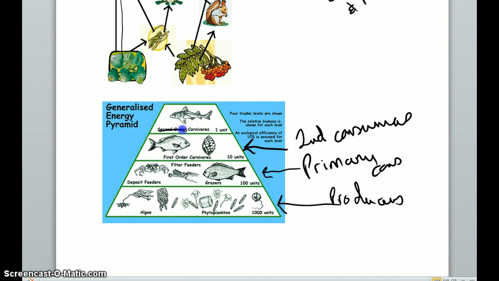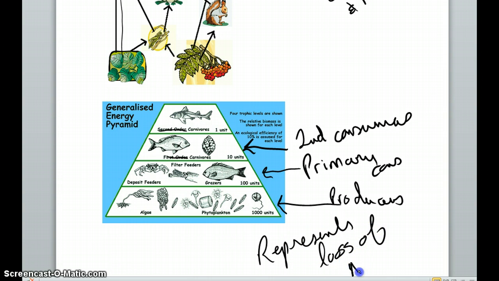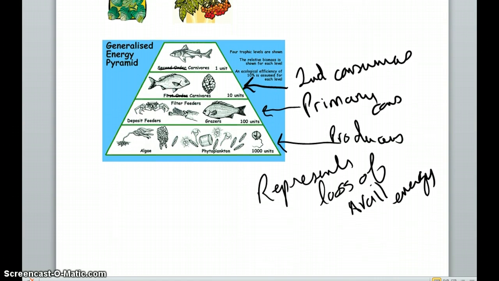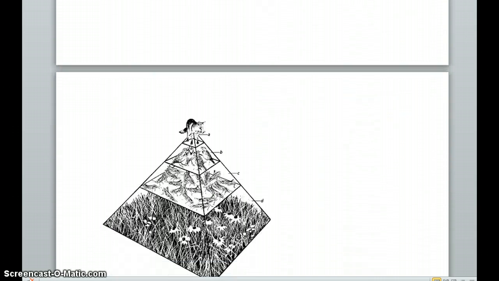Don't worry about these orders, first order, second order. That just starts to get really confusing. But one of the things that the pyramids represent is the loss of available energy. And this has to do with what we call the 10% rule.